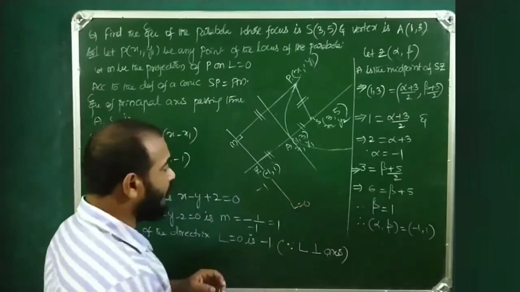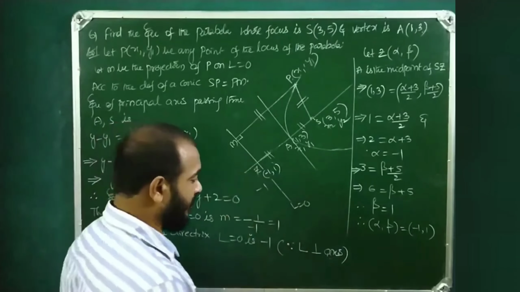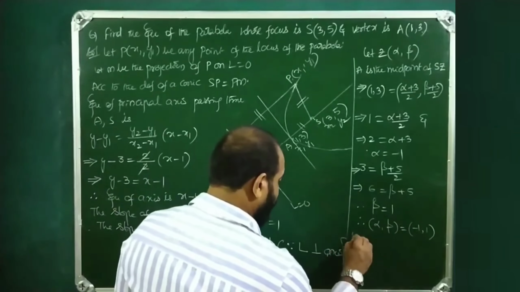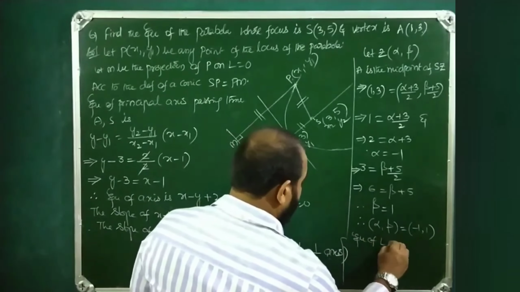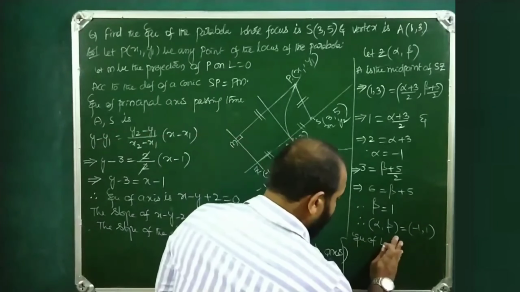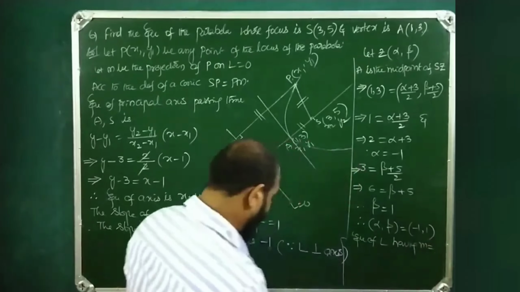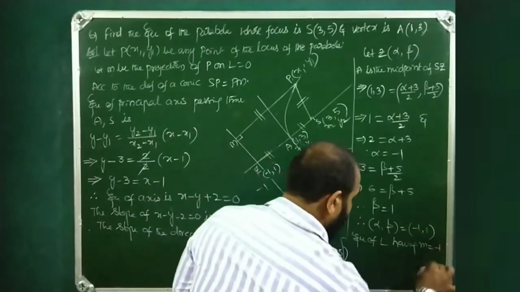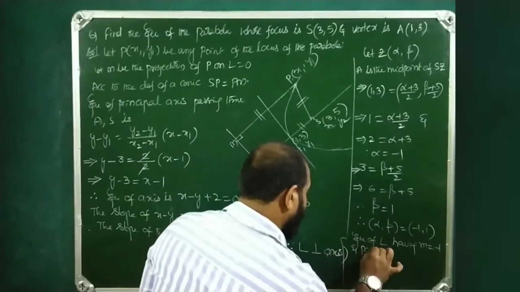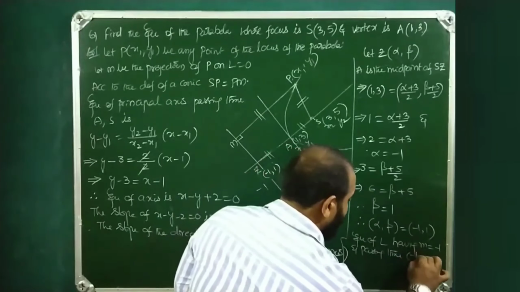Now, the equation of this line L equals to 0: the line L has slope m equals minus 1 and passes through minus 1 comma 1.